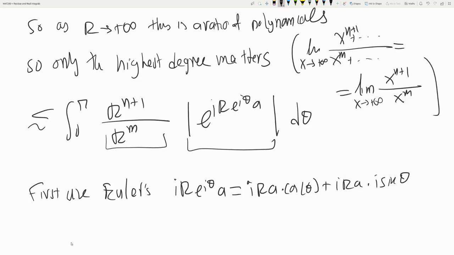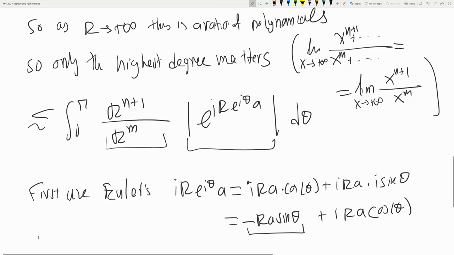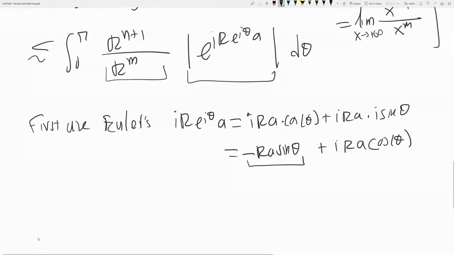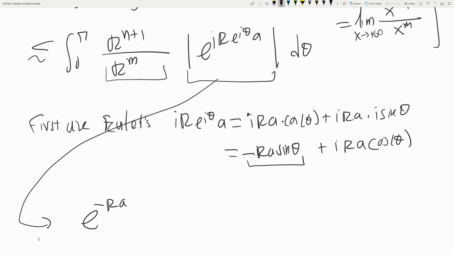Simplifying, this is R A sine theta with a minus sign as the real part, and then the imaginary part. Why am I splitting it like this? Because then what survives is just minus R A sine theta, because the absolute value of the other factor is 1.